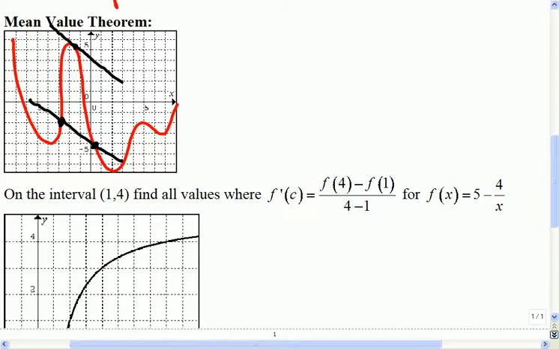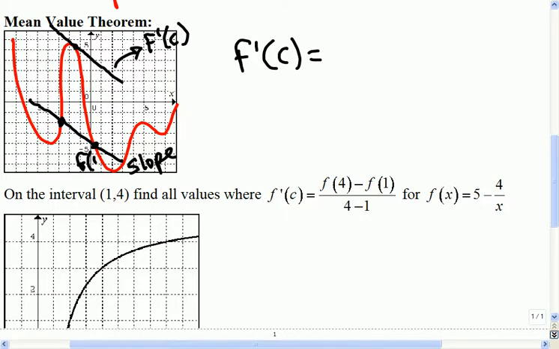So again, if I was to write this out, this is the derivative, and this is a slope like before calculus. So if I want to make the equation up, I say there's a point where the derivative is, here's f of b, it's at the point b, here's f of a, which is at the point a.